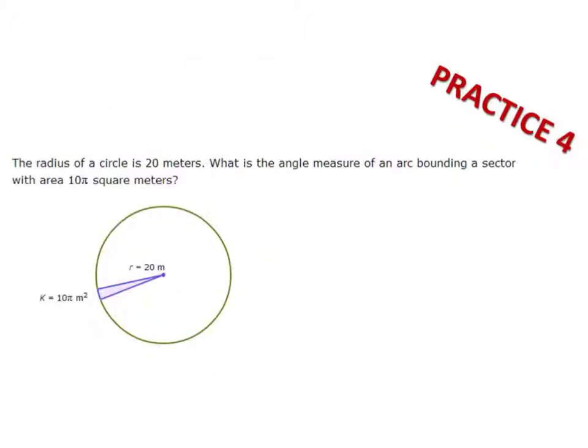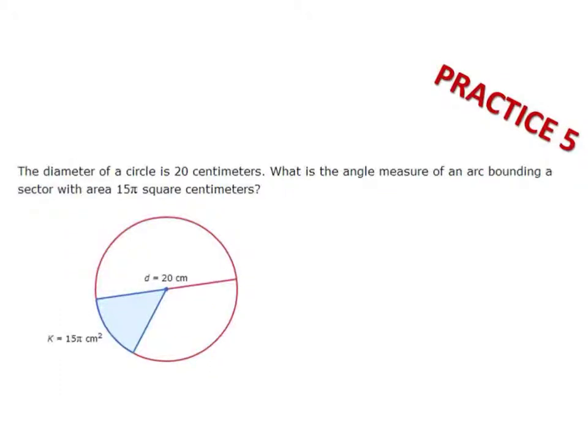Practice 4. The radius of a circle is 20 meters. What is the angle measure of an arc bounded by a sector with area 10 pi square meters? Practice 5. The diameter of a circle is 20 centimeters.